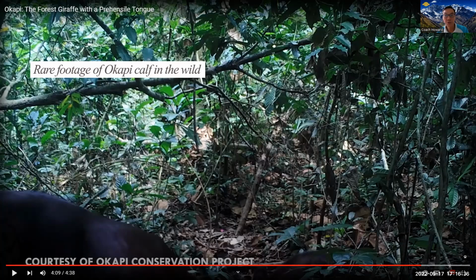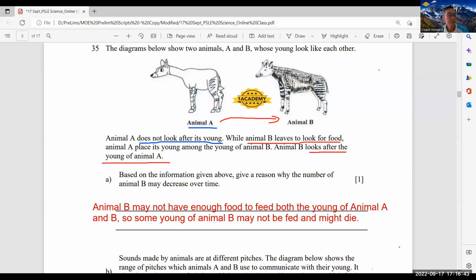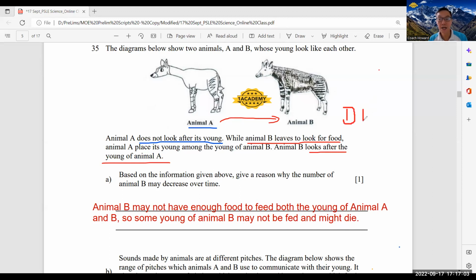Okay, so I've shown you this, and let's continue with the question here. You can see this question. Okay, so I'm sharing with you this. So this okapi, actually this animal does exist. It's only found in the country called the Democratic Republic of Congo, the short form is DRC.